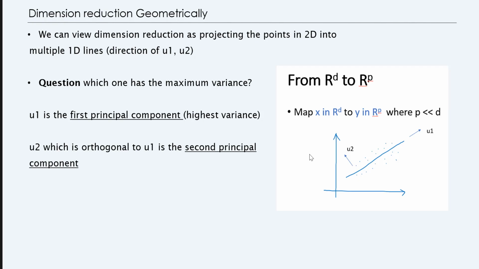For example, the first principal component, denoted as U1, represents the direction with the highest variance in the data, capturing the most significant information. The second principal component, U2, which is orthogonal to U1, accounts for the next highest variance, providing additional insights while maintaining independence from the first component. This approach is the fundamental component of principal component analysis.